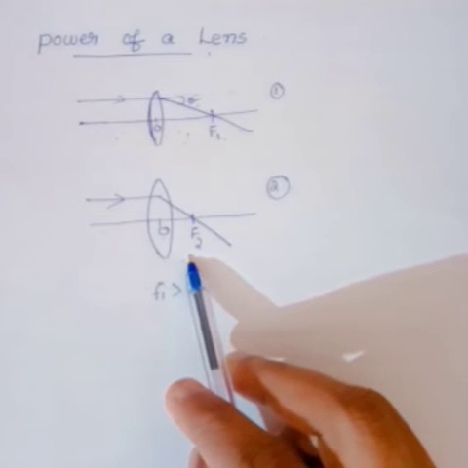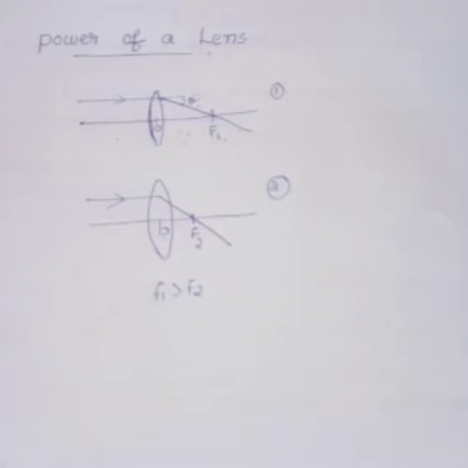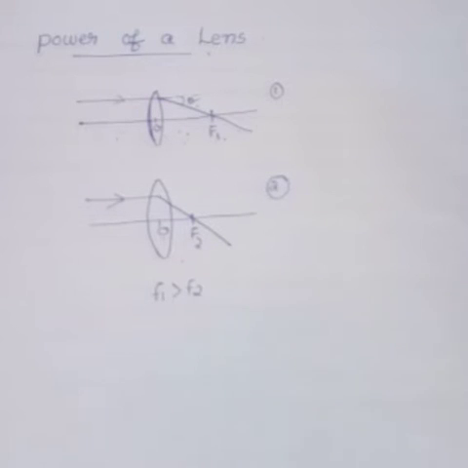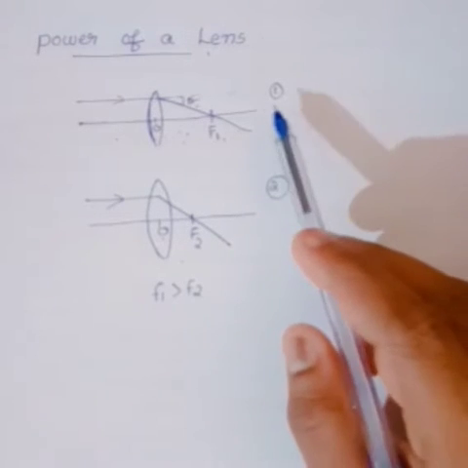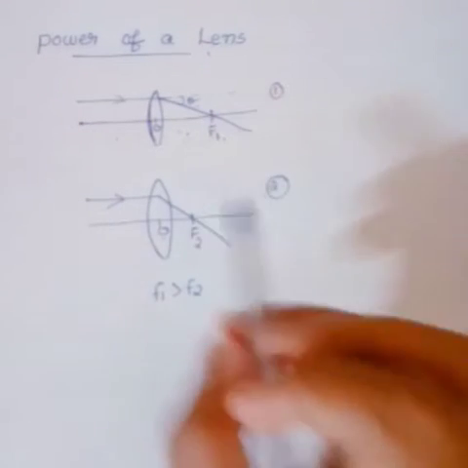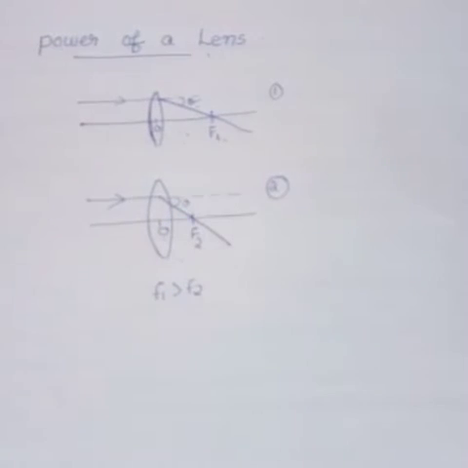So actually the power of a lens is defined as the reciprocal of its focal length. The degree of convergence or divergence of light rays achieved by a lens is expressed in terms of its power. Convergence means, when you draw a line, this is the degree of convergence.